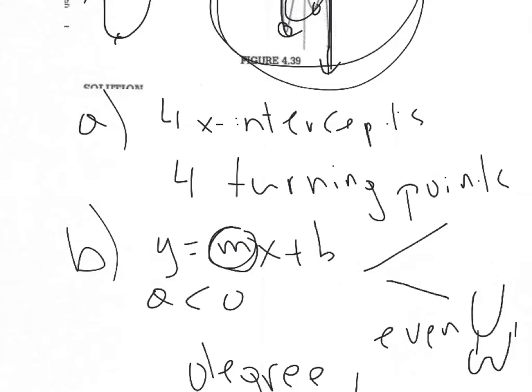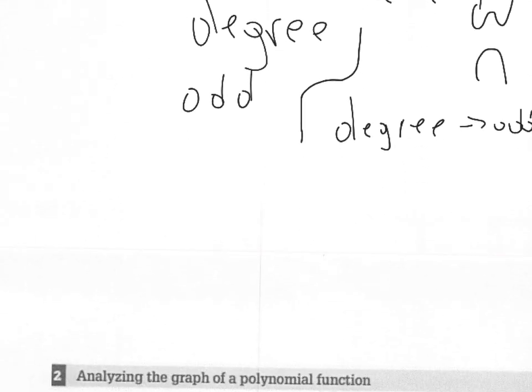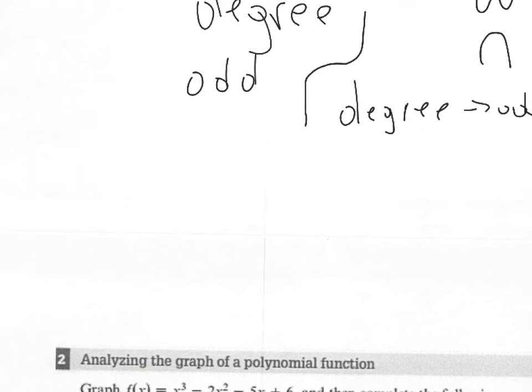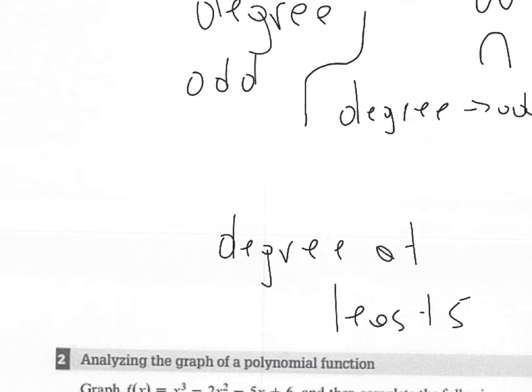So the degree is at least 5. So it could be x to the 5th. That's the smallest degree, but it could be x to the 6th. It could be x to the 7th. In a few minutes, you will see this a little bit better.